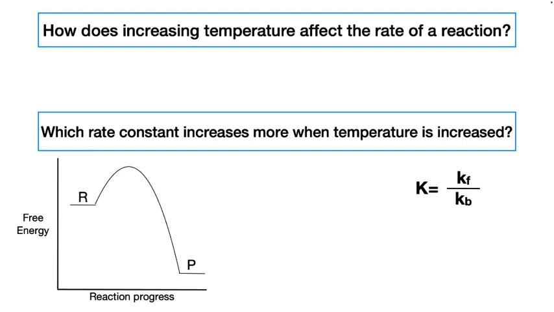More reactants clear that activation barrier, and we can progress forwards. What does that mean about the reverse reaction? So our K is going to get larger and larger. If the K is getting larger, Kf can get bigger. What does Kb need to be doing? It needs to be getting smaller, the same or smaller, right? To maintain that K getting bigger.